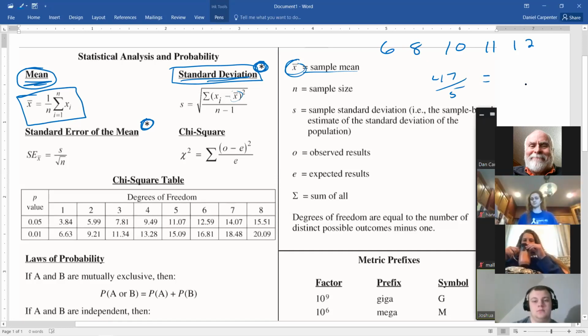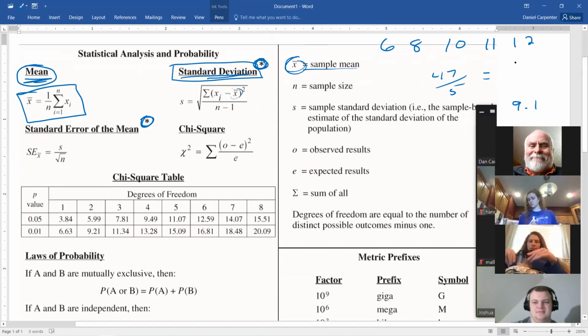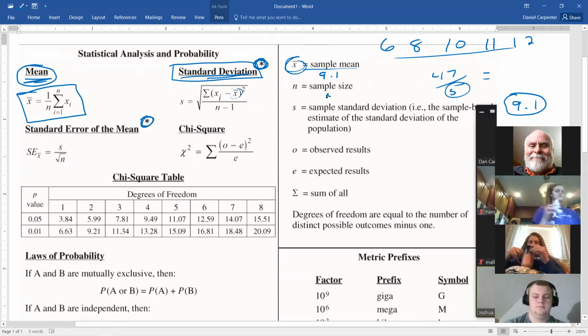Oh, I don't know. 9.1. All right, so that would give us an average, a mean of 9.1. So given these 5 numbers, the sample mean would be 9.1. Well, the sample size is how many we had, which was this 5 right here. So the sample size is 5.